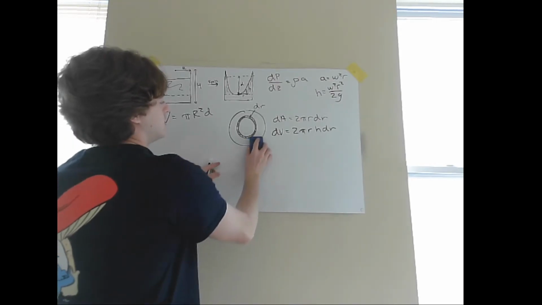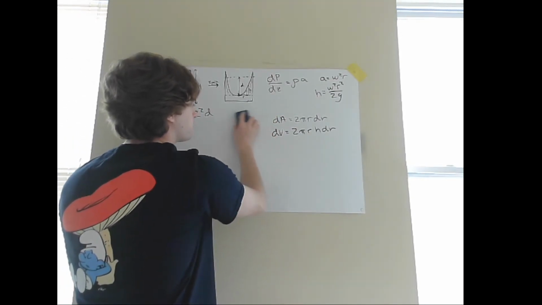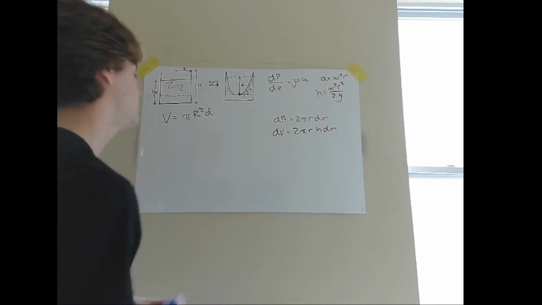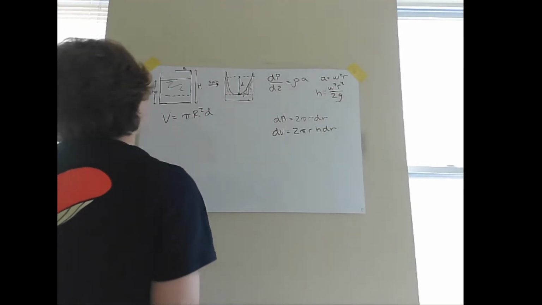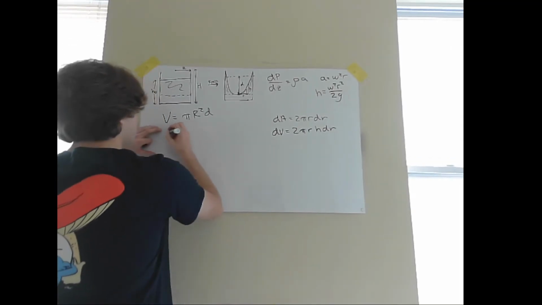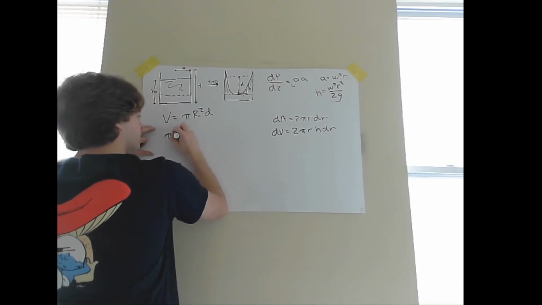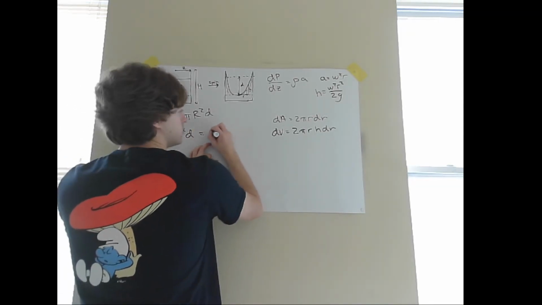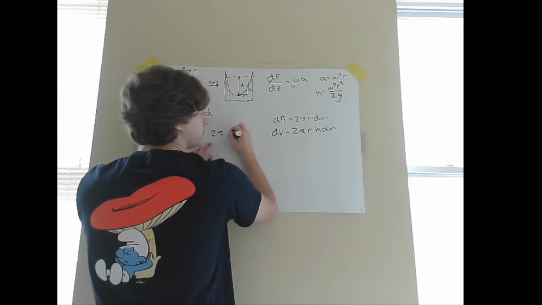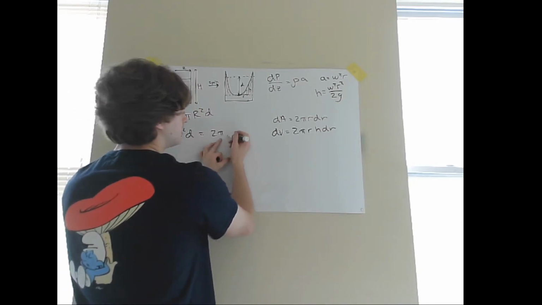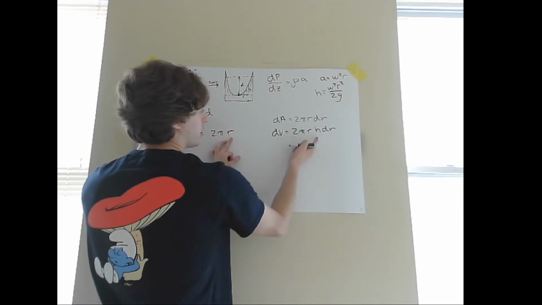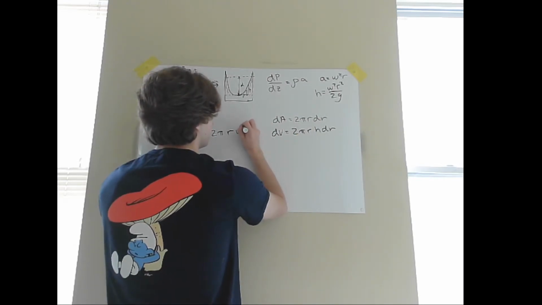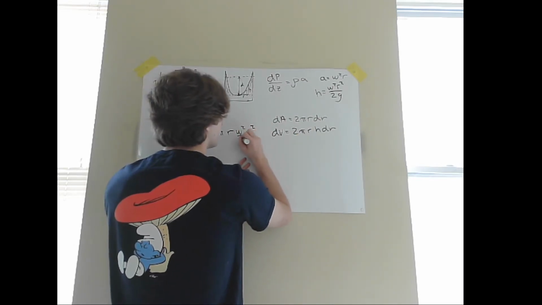I'm going to erase my drawing here. And we'll integrate this side and then solve for d. So we have pi r squared d equals 2 pi. These are constants. R, I'm going to plug in our expression for h here, which is just omega squared r squared over 2g.